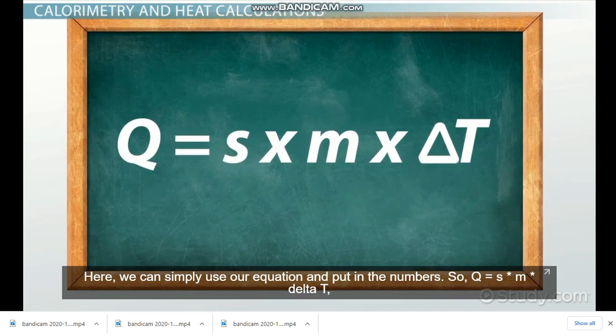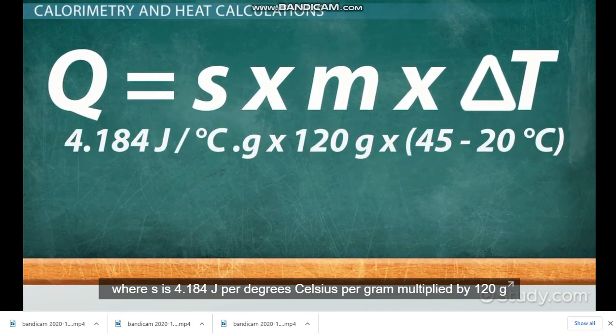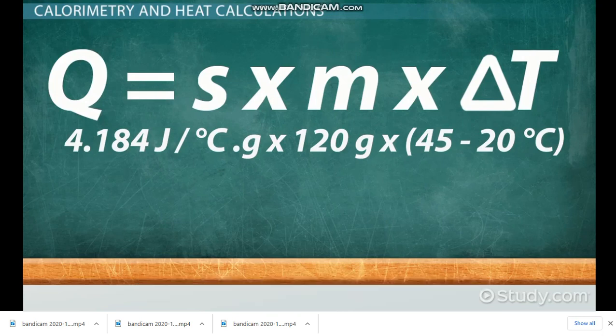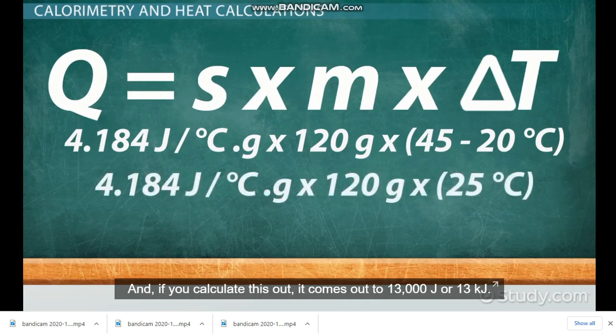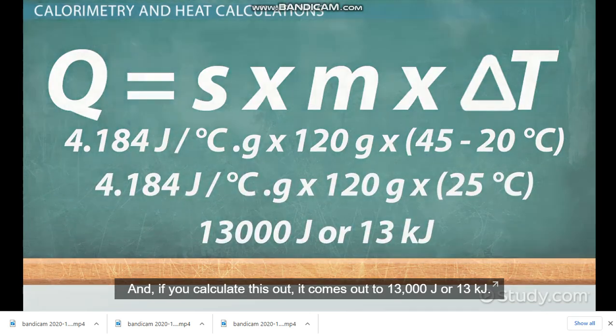So Q is equal to S m delta T, where S is 4.184 joules per degree Celsius per gram, multiplied by 120 grams, multiplied by the change in temperature, which is 25 degrees Celsius. And if you calculate this out, it comes out to 13,000 joules or 13 kilojoules.